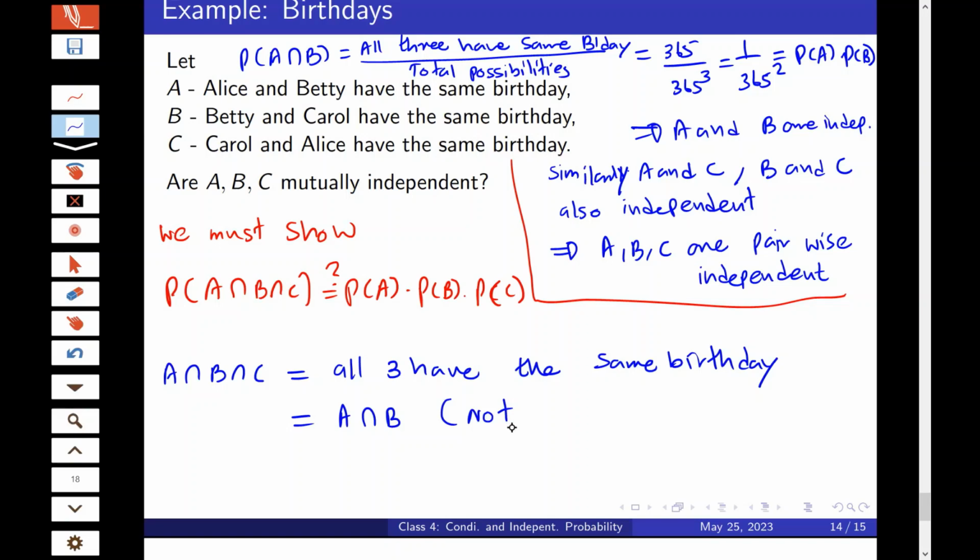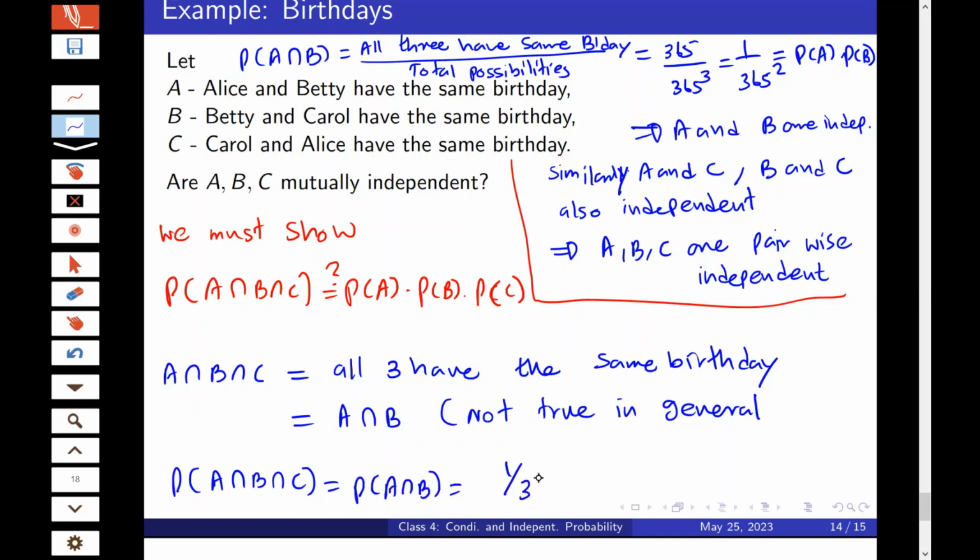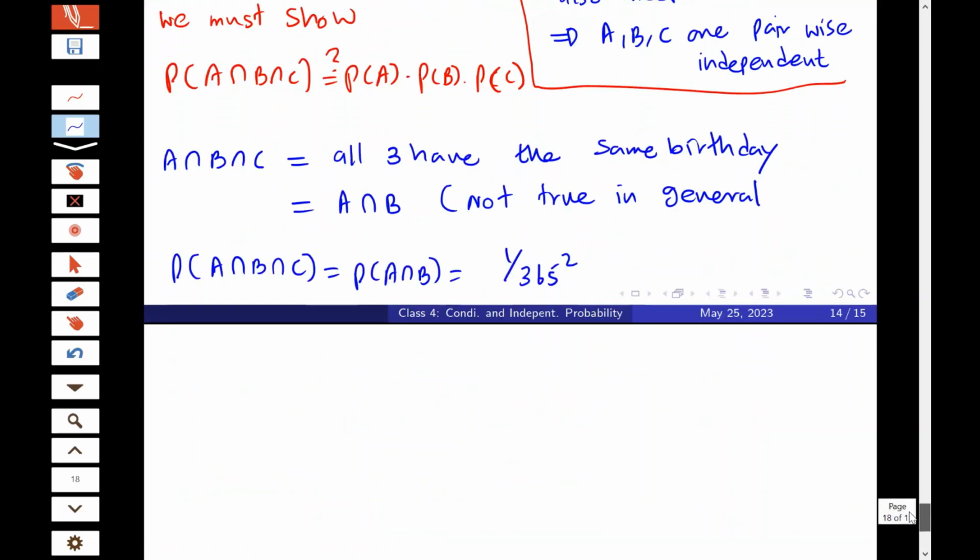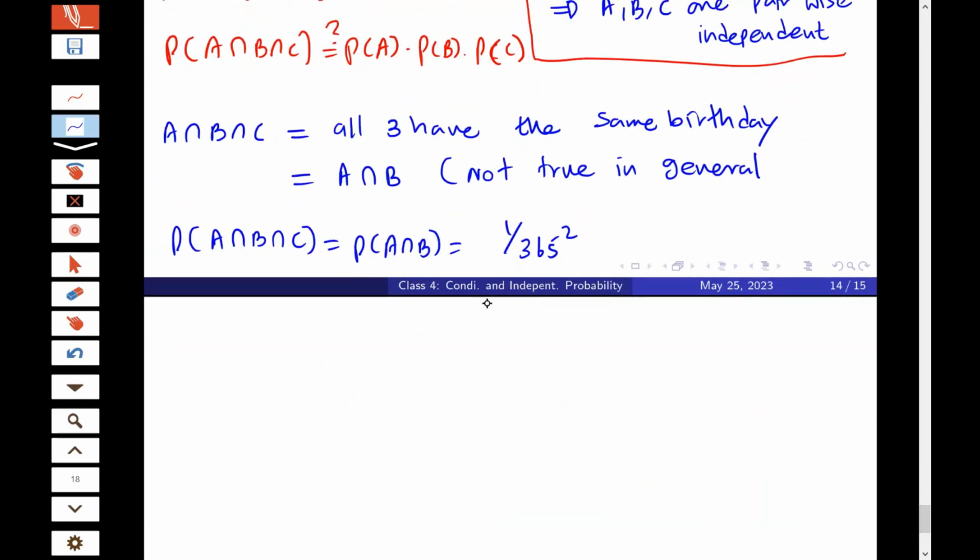So the probability of A intersection B intersection C is the same as the probability of A intersection B, which is 1/365 squared.